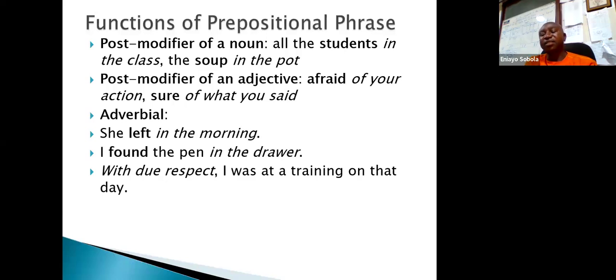But in a complex sentence, the subject of the main clause is the subject of the sentence, and the verb of the main clause is the verb of the sentence. But when we have the compound sentence, there must be two subjects and two verbs, except where the subject refers to the same entity, the same noun, and the verb refers to the same action.